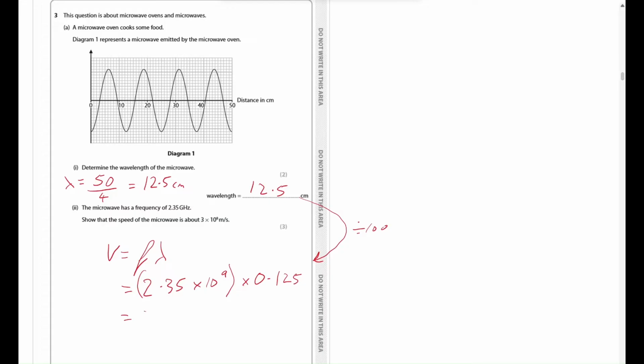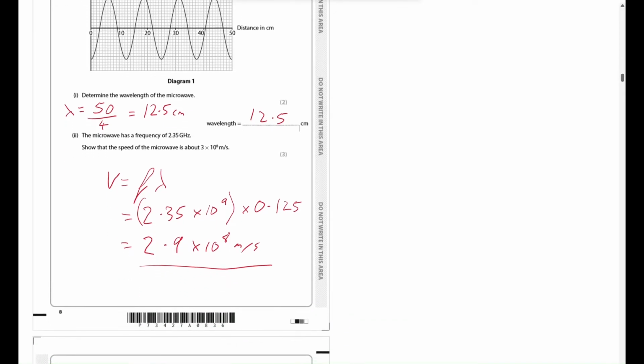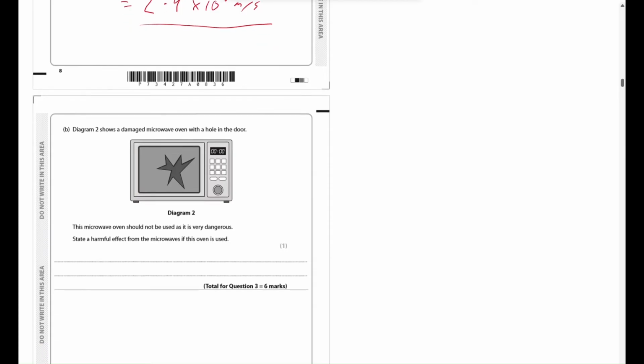On a show-that question, you're meant to show them one more significant figure. They've shown me that it's about 3.0, so what I'm actually going to show them is it's about 2.9 times 10 to the 8.